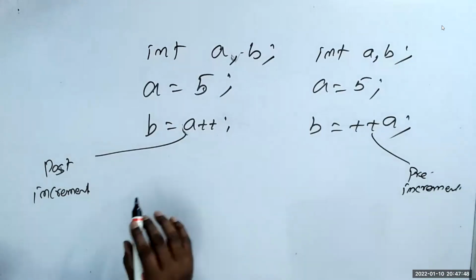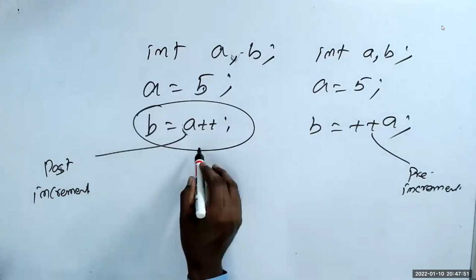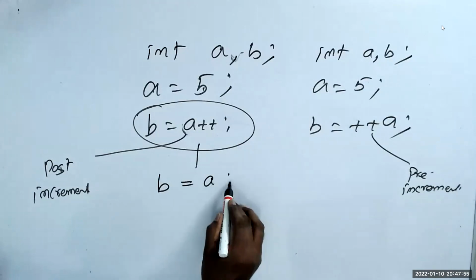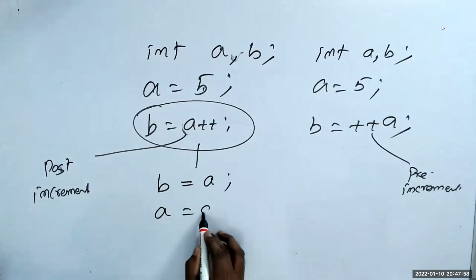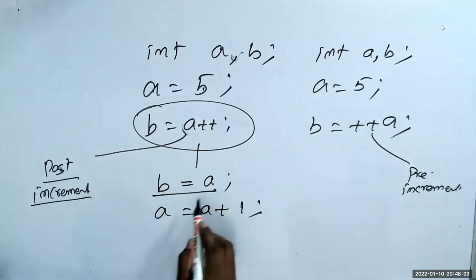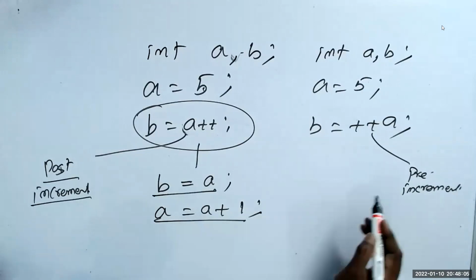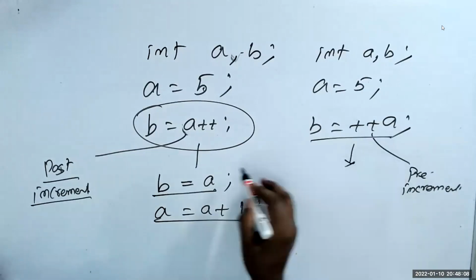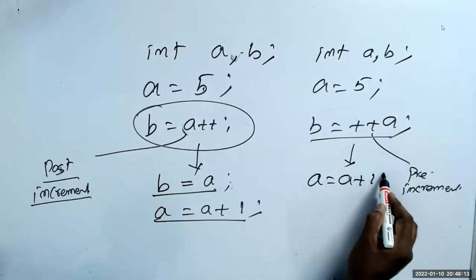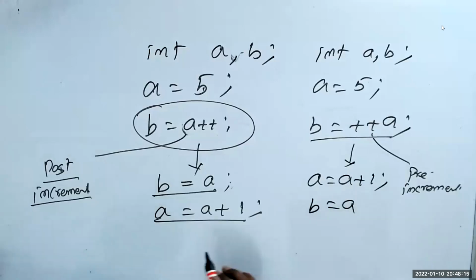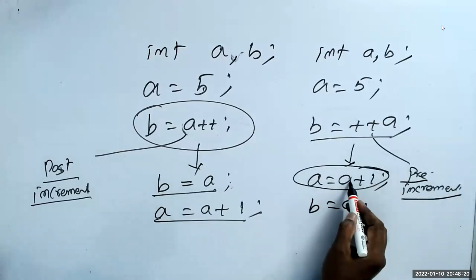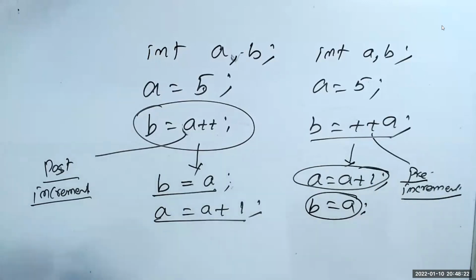What is the difference? Here, what it does is B equal to A, then A equal to A plus 1. That means post: do the operation first, then increment later. Here, what this one will do is A is equal to A plus 1, then B is equal to A. Pre-increment: you increment first, then do the equal to.